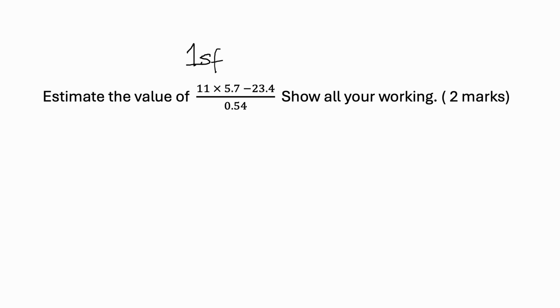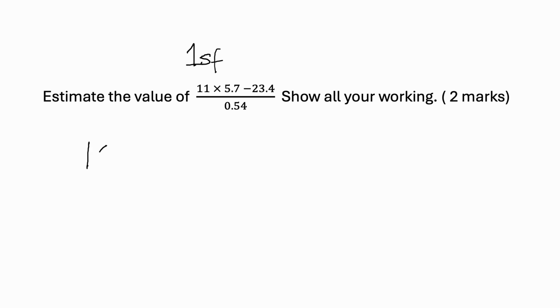So 11 to one significant figure. The 1 to the left is our first significant figure. The number next to it, which is 1, is less than 5, so we're rounding down, essentially.